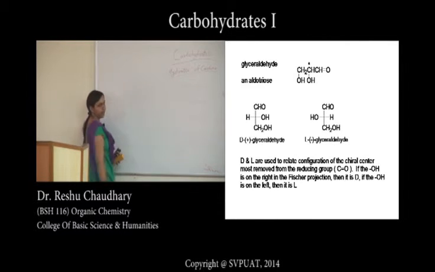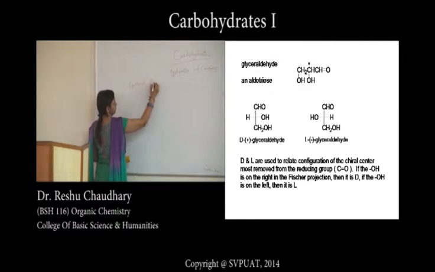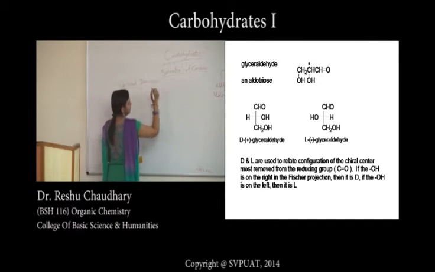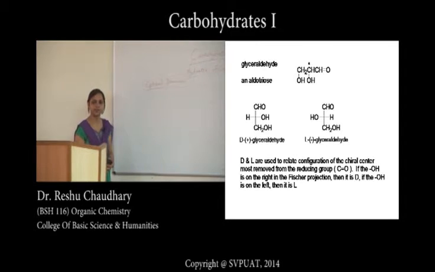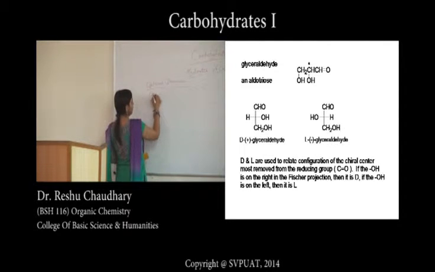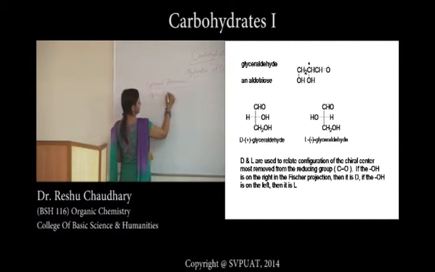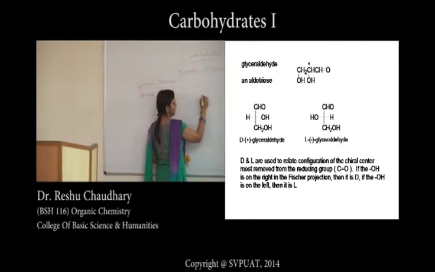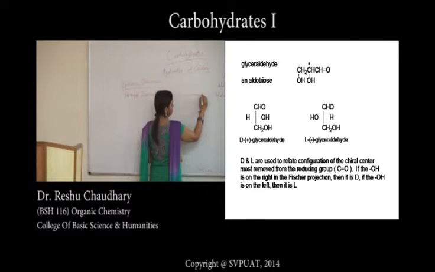But in carbohydrates, the isomerism present is optical isomerism, due to the difference of optical activity, and the isomers are called optical isomers, which are mirror images of each other.